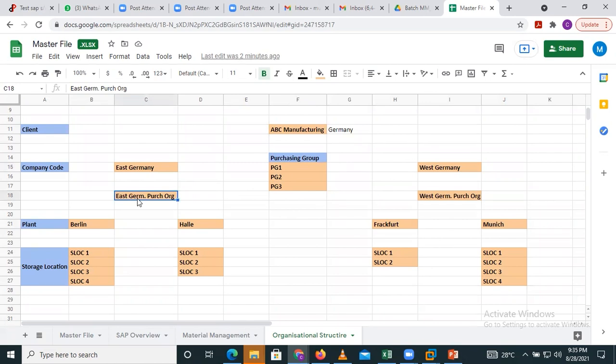So the restriction is assigned to the person's user ID, not to the purchasing group. If there are no restrictions, this purchasing group can do purchasing activities for any of the plants. Got it, right?